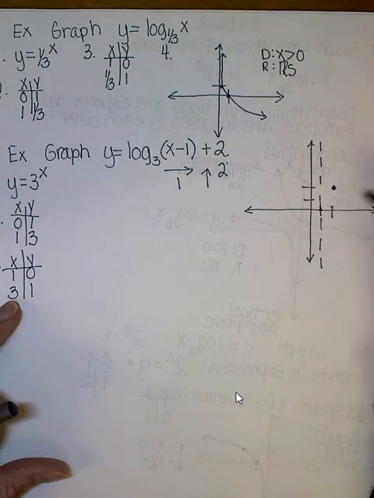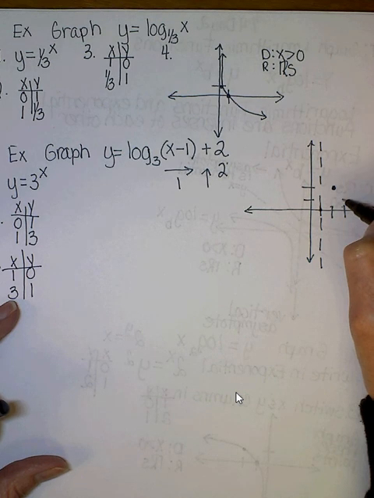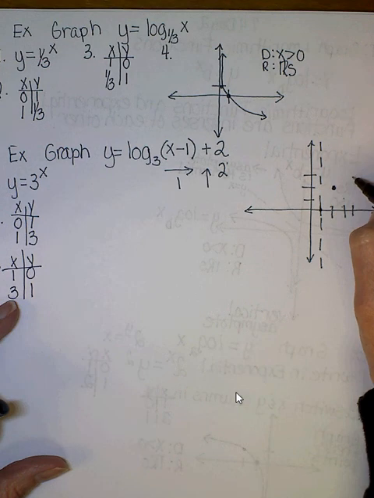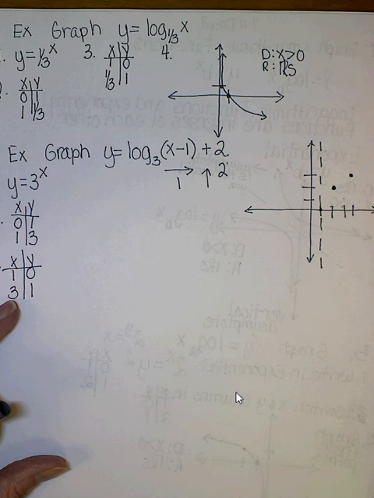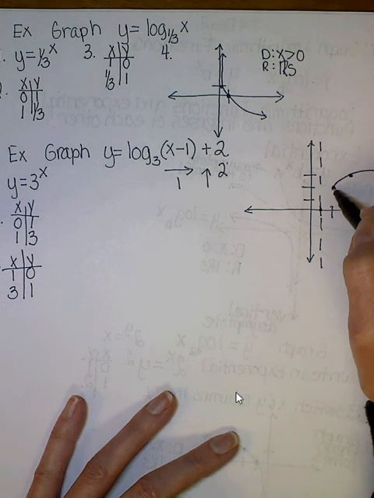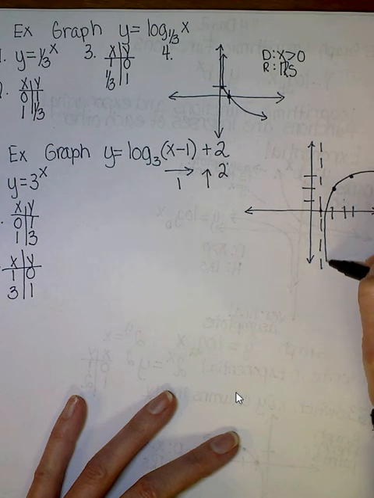Then (3, 1) would be right here, and I'm going to move it 1 to the right and up 2, so now it's going to be right here. Then I can just make my graph, following that asymptote.